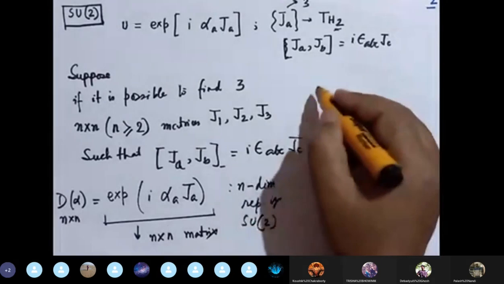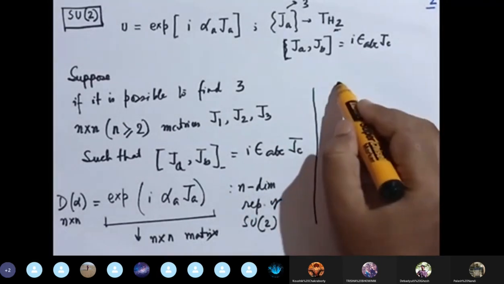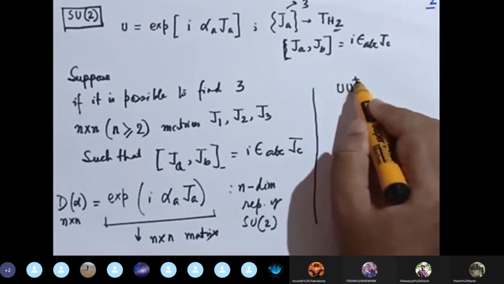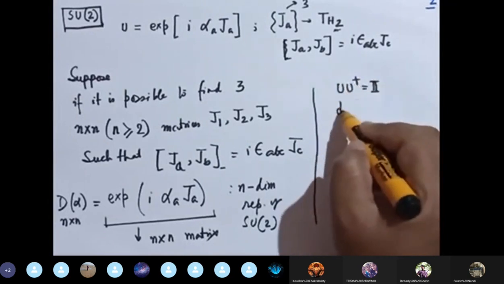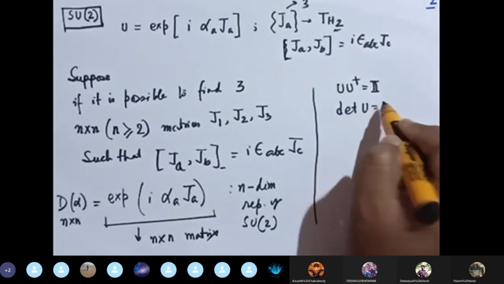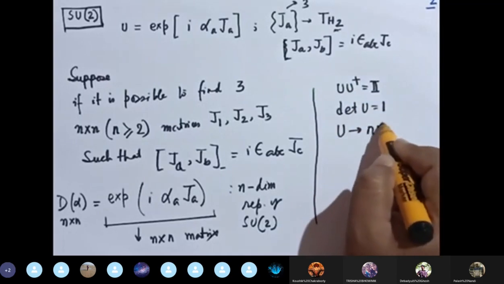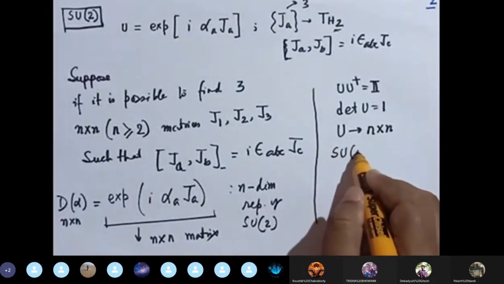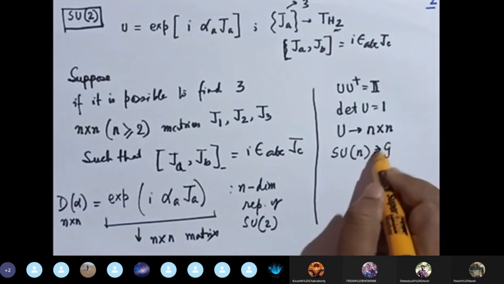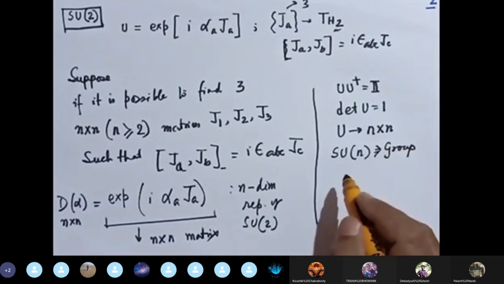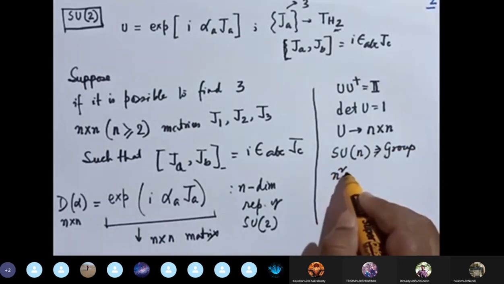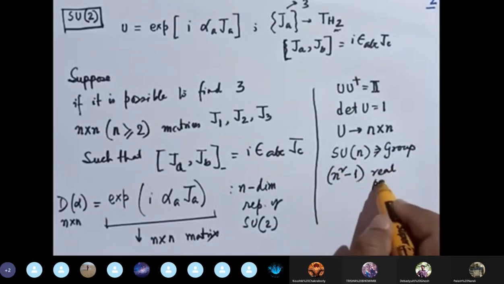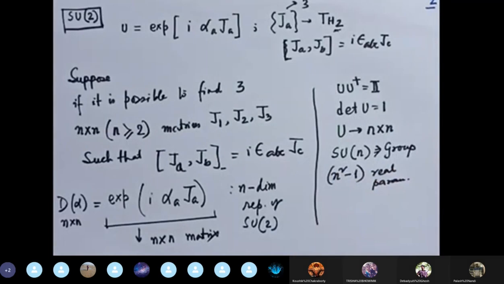Suppose, now think of this. You have a unitary matrix whose determinant is 1, and suppose the matrix is n cross n. So this is the SUN group. Now you need n square minus 1 real independent parameters to specify the group.